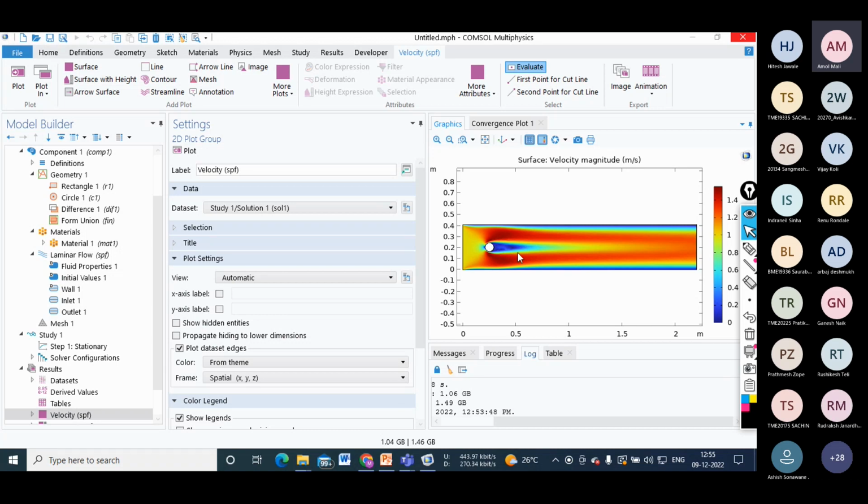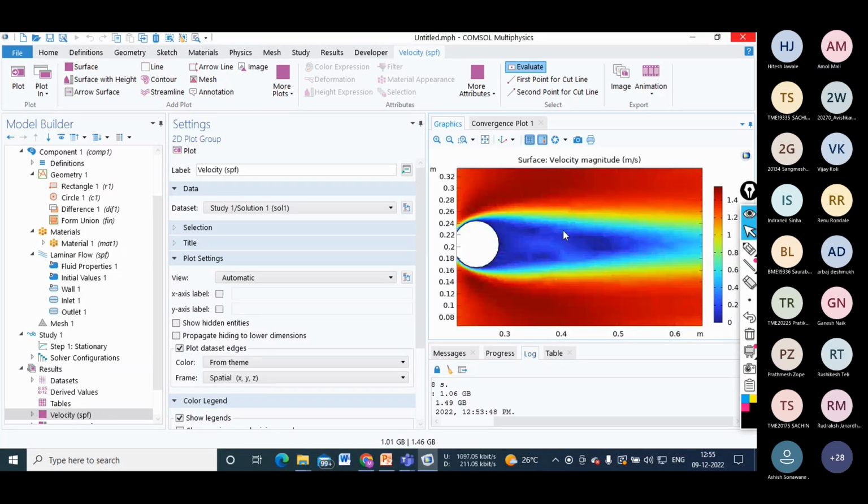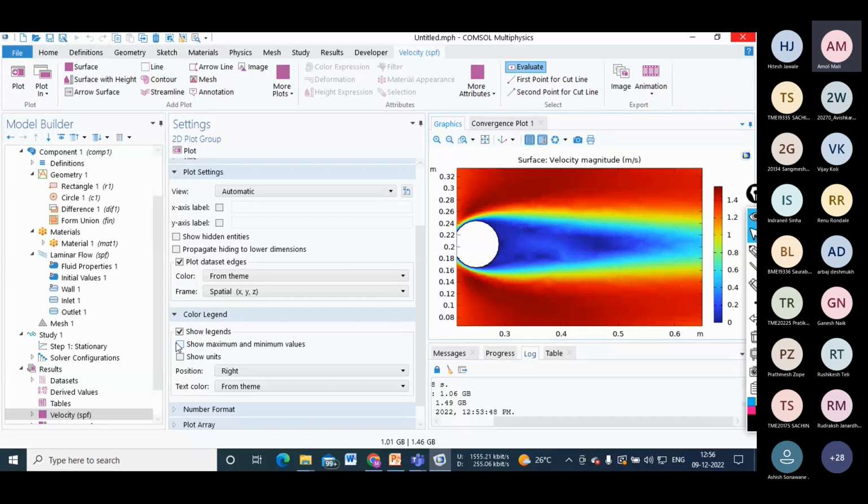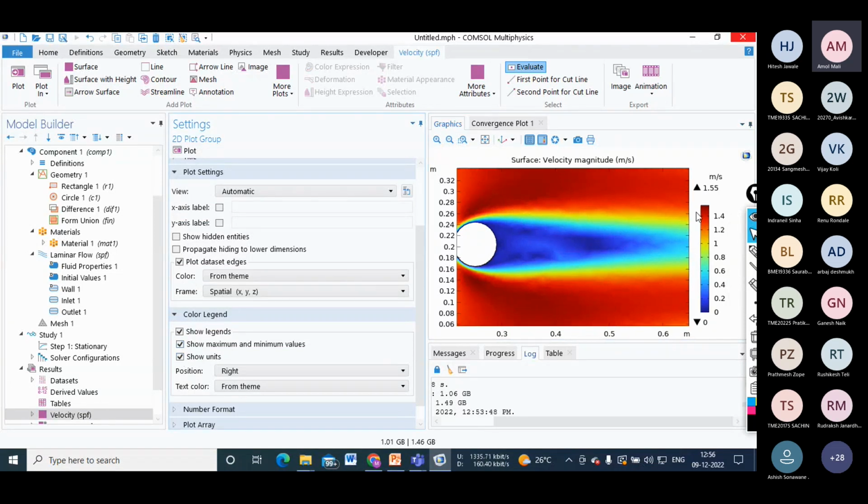Can someone tell me how much velocity is there at this portion? You should know how to read this scale. Look, at this bottom, 0 velocity is there, at top you can see 1.4 meter. If you want to see maximum and minimum you can click here. Okay, 1.55 meter per second is the highest velocity and 0 is the lowest velocity.